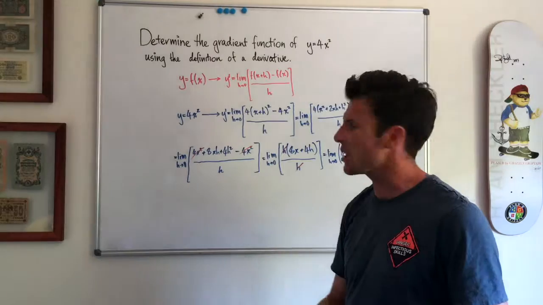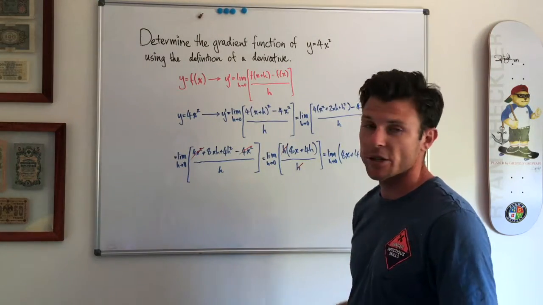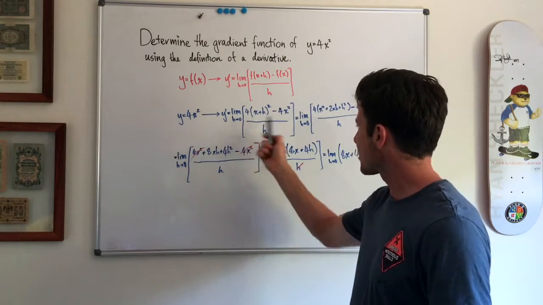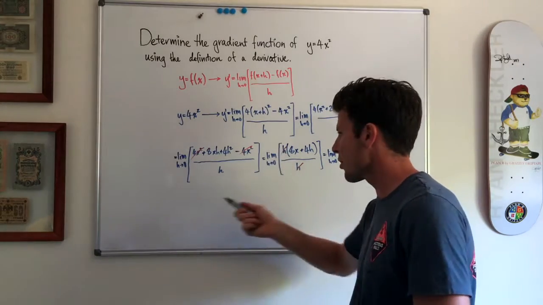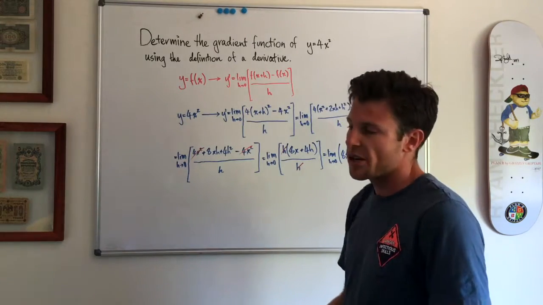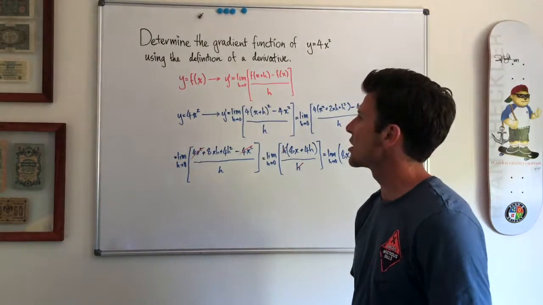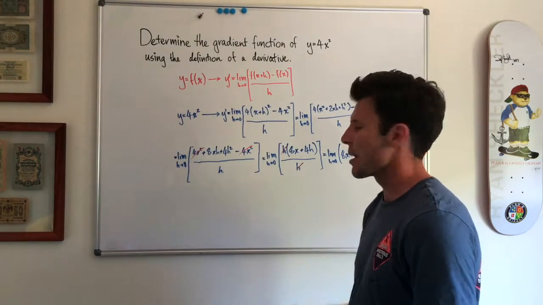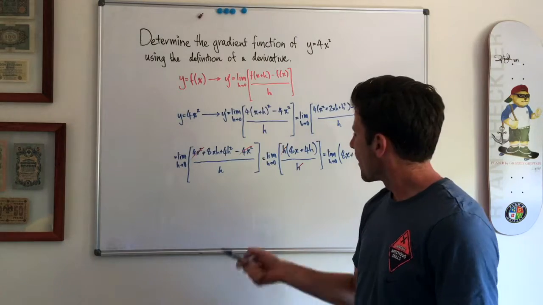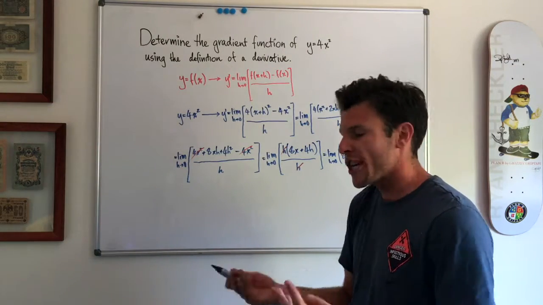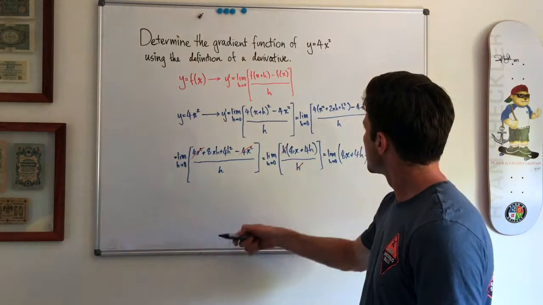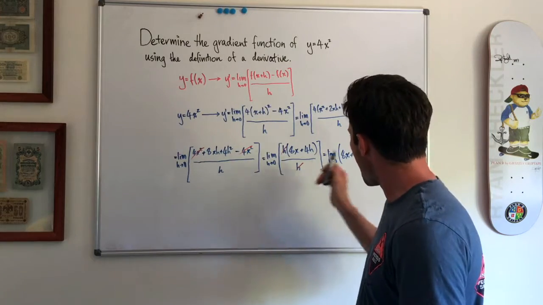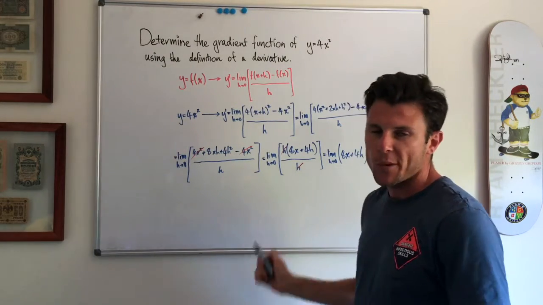And the reason for that is in your exam, if you get a question like this and you forget to write the limit as h approaches 0 on all of these steps, you're going to lose most of your marks. The teacher's going to say, yeah, he's got his steps right and he knows how to solve it, monkey see, monkey do style, but he doesn't know what he's talking about, or she doesn't know what she's talking about.